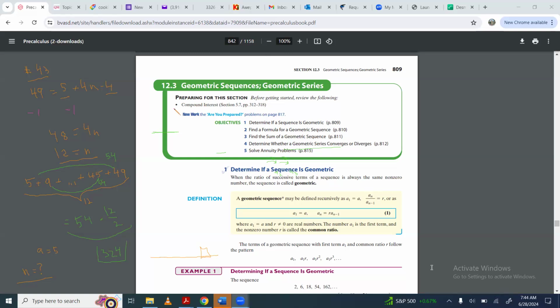So I can take a look at, for example, here how we produce from 2, 6. When you say you add 4? Well, if you multiply 2 by 3, so it's times 3, you get 6. And if you multiply again by 3, 6 times 3, you will get 18. See, geometric is called when you multiply by the same number.